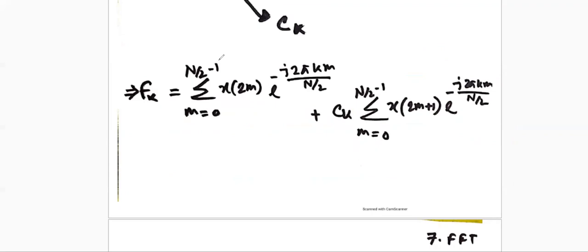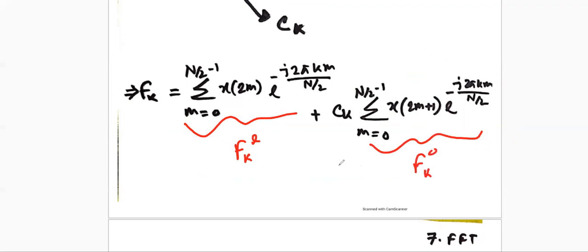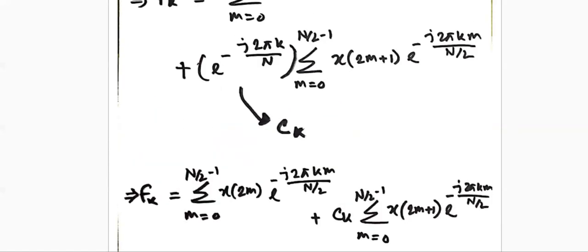Not memorizing the things, but the fact is that this is for the even, fk even, and this part is for fk odd, multiplied with a value ck. So this is the whole process. Of course, this is a phase factor which has already been defined in this equation.